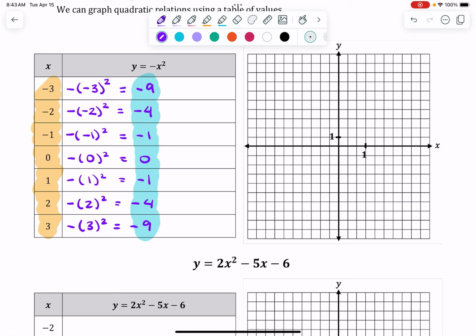So I'm going to start with negative 3, negative 9. Here I'm noticing my scale does not go up 1 square, meaning 1 on my x-axis. It says 3 squares is 1. So I'm actually going to go ahead and extend this scale here so that I can make sure I'm not going down or up by a wrong amount.